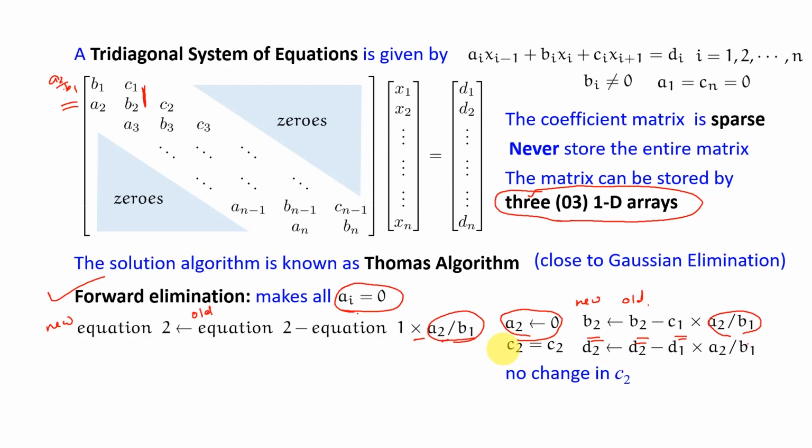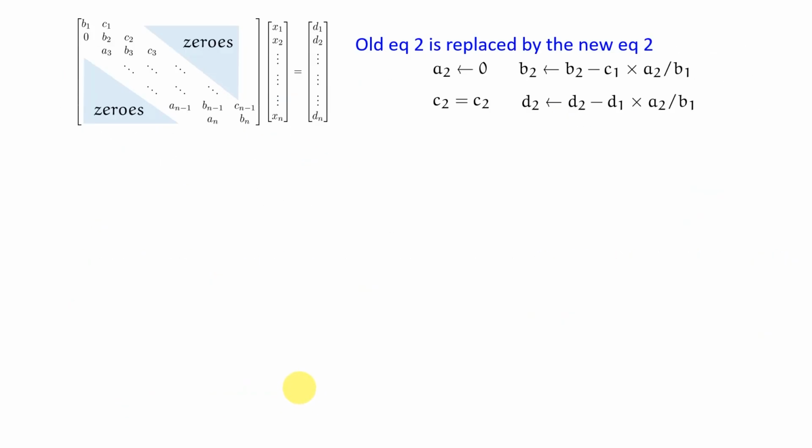C2, of course, has no change, and D2 will change. D2 will be old D2 minus D1 multiplied by the same term A2 by B1. So now I have a new equation 2 which will replace the old equation 2.